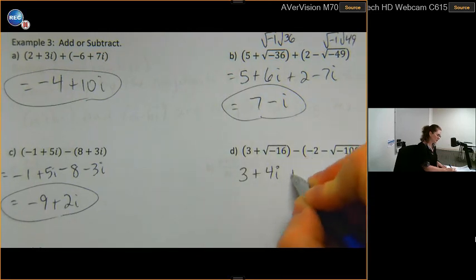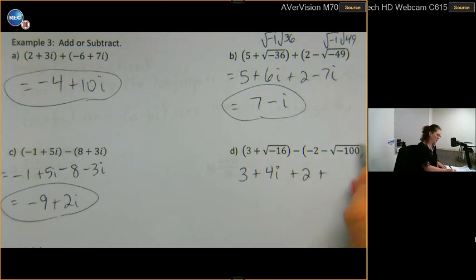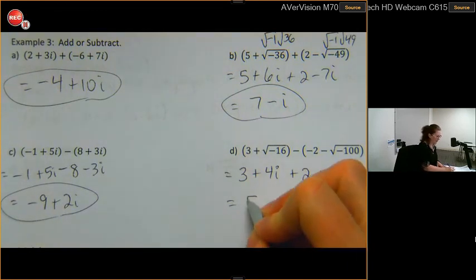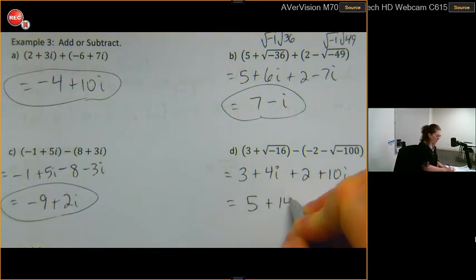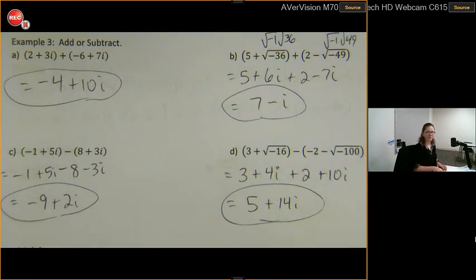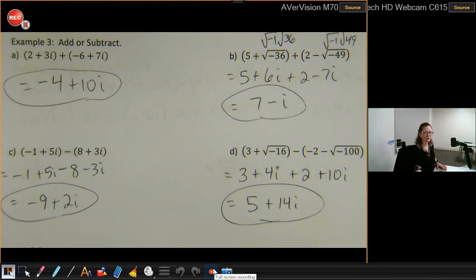So it's going to be positive 2 and then positive, the square root of negative 100 is 10i. Combine like terms for our answer, and we will do more with this section in the next video.